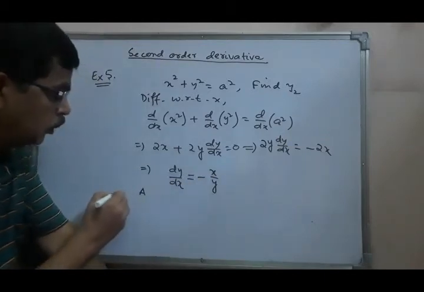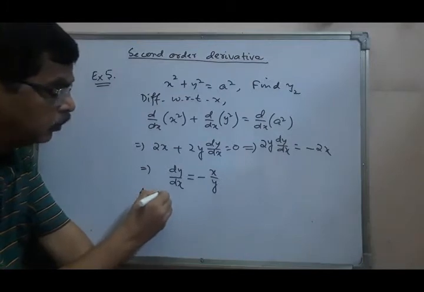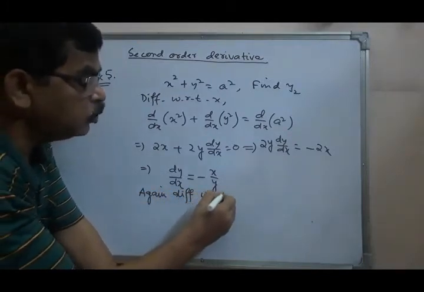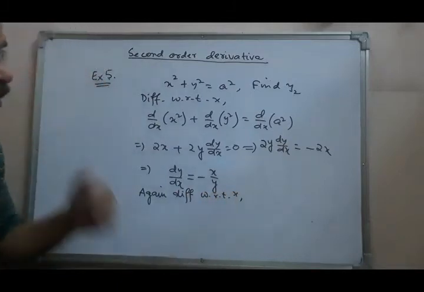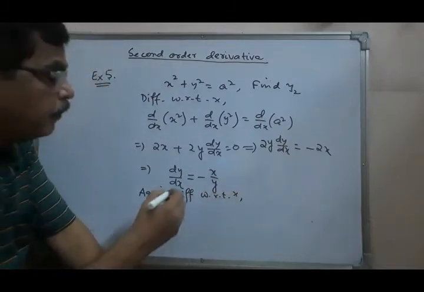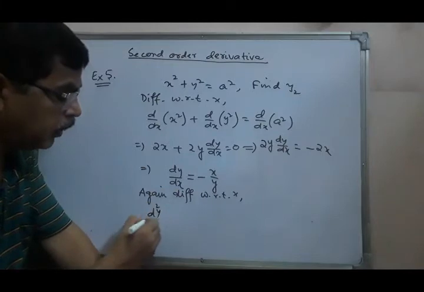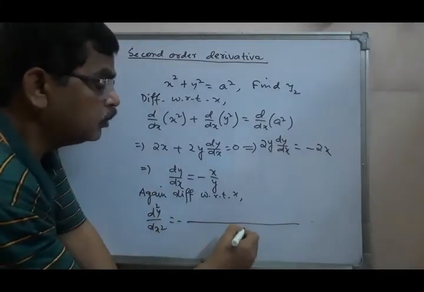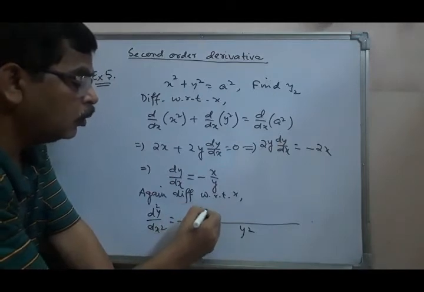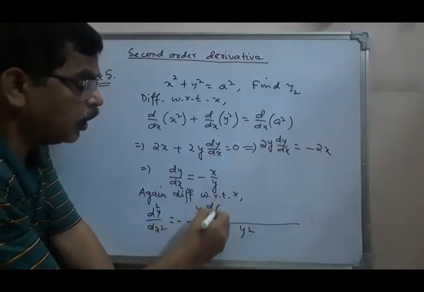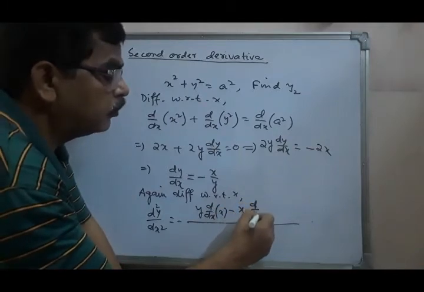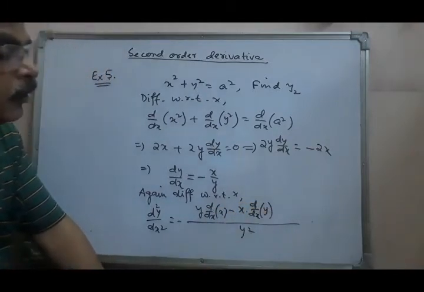So, differentiating with respect to x, what do we get? d2y by dx2 equal to minus, it is y square, y into d dx of x minus x into d dx of y.